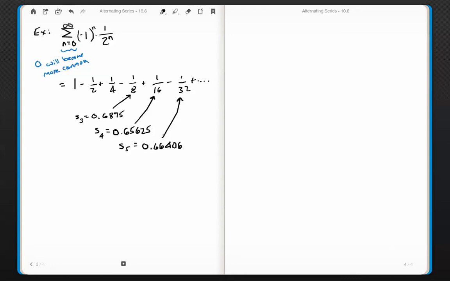Again, let me reiterate that 1/32 is not 0.66, right? This is almost 2/3, and this is very small. This is the partial sum once we've included the -1/32. And I'd like to point out that there's another video with the Excel demo.